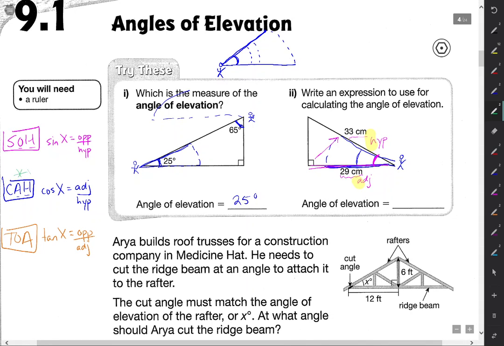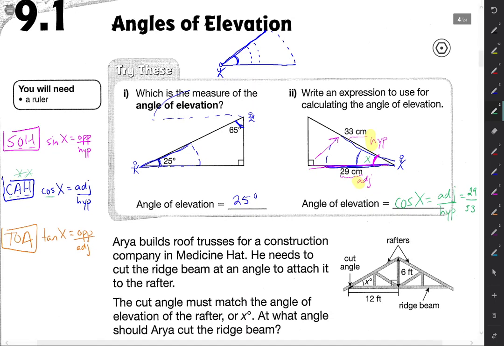So we know we're going to be using cosine. So for this question, our answer would be the cos of x. We'll use x to represent this angle here. So angle x is equal to adjacent over hypotenuse. And if we put in some numbers, it would be 29 over 33.